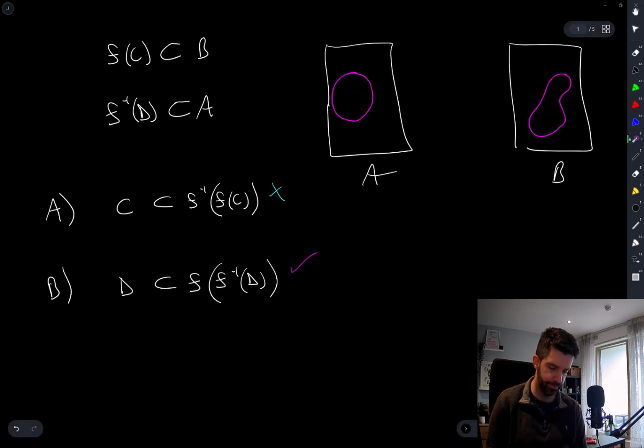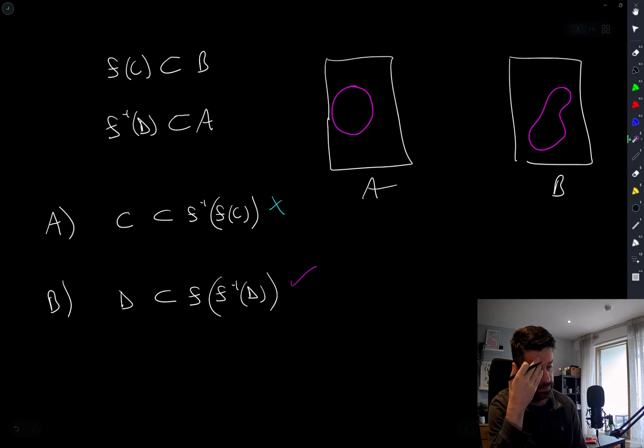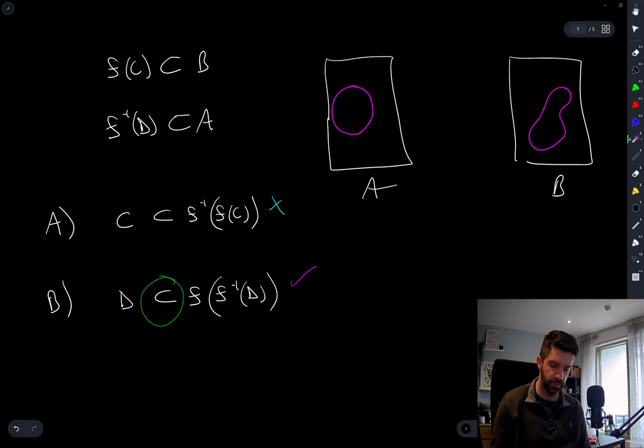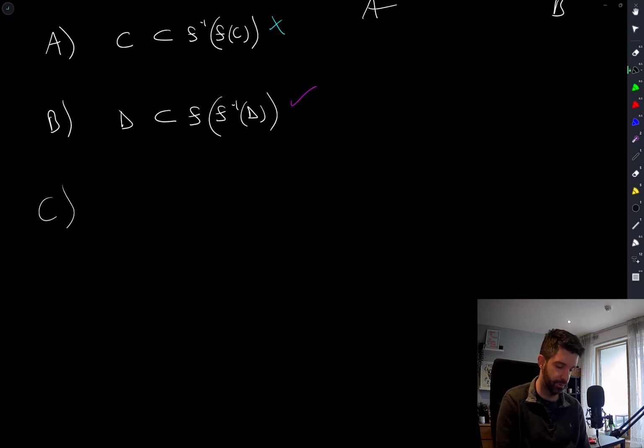Yeah, aren't these in fact the same? F inverse of D. These are, I think these are in fact equal. I'm becoming so unsure of myself that I want to go through them all.